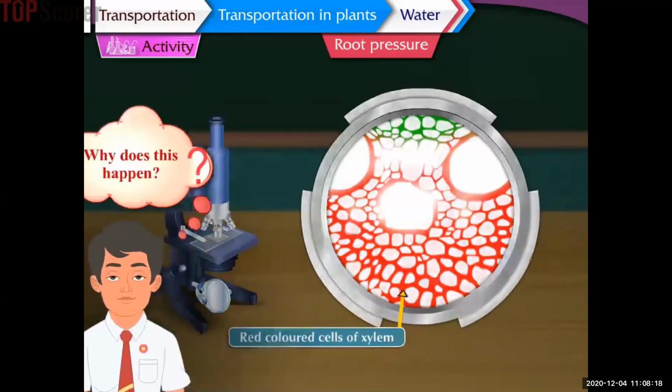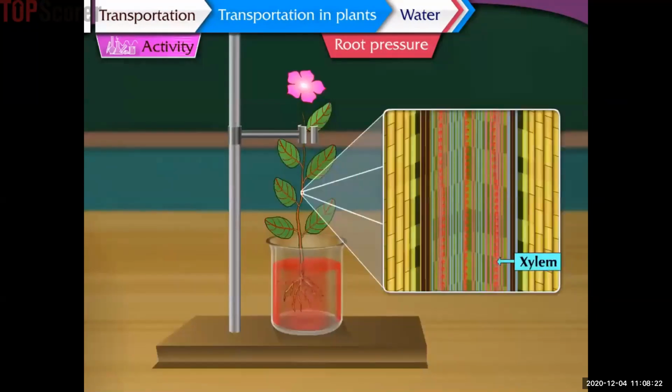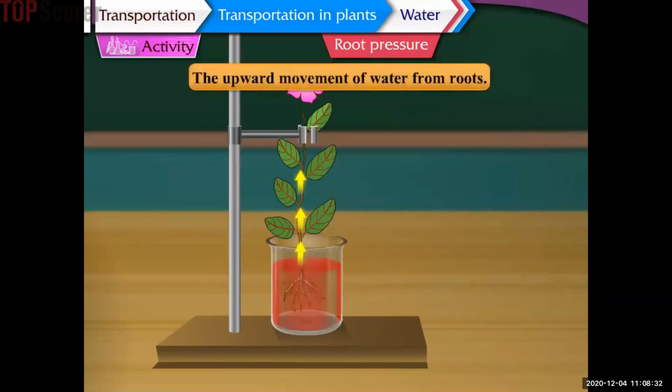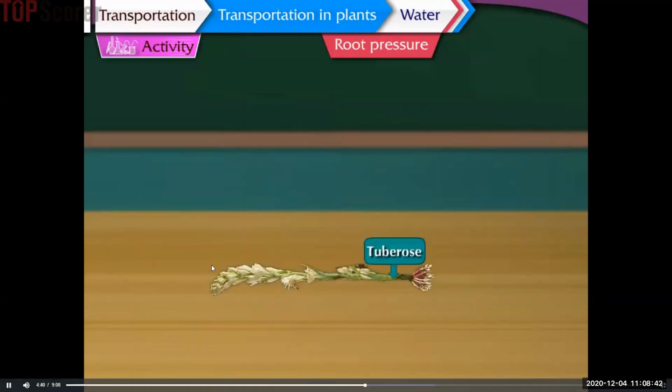Why does this happen? Xylem, which is the water-conducting tissue, is situated in the vascular bundles present in the stem. Xylem is stained by the red dye safranin. This activity demonstrates the upward movement of water from roots. If the same activity is performed using tuberose, we get a similar observation.